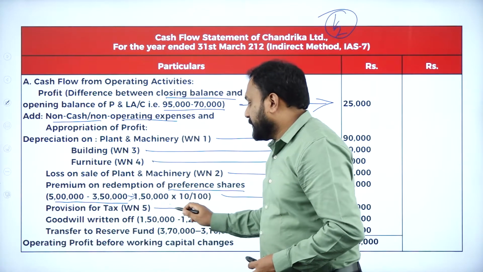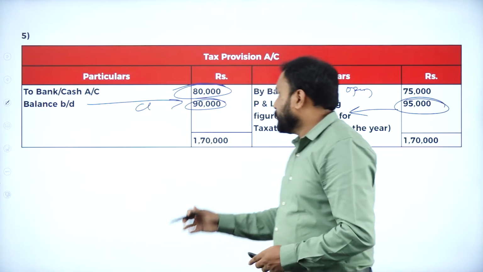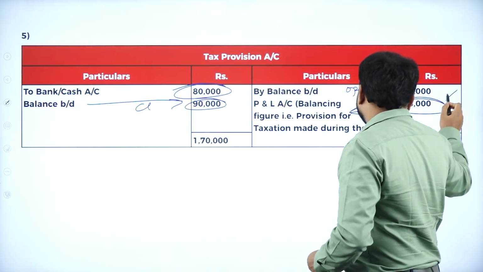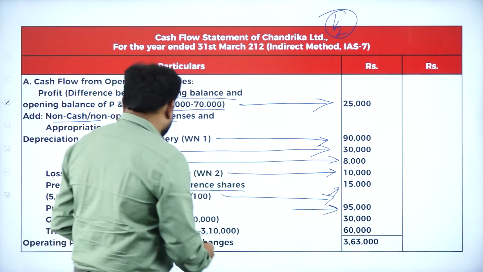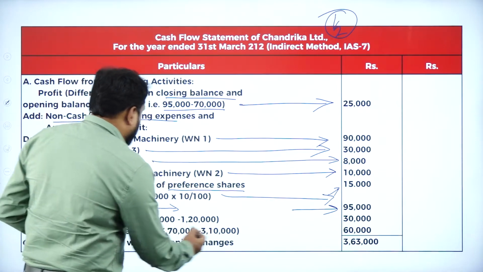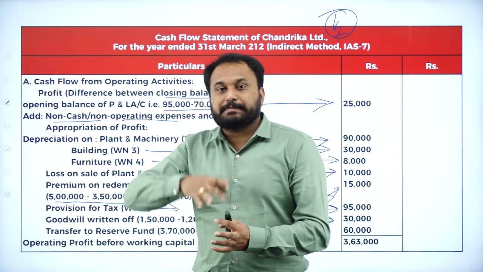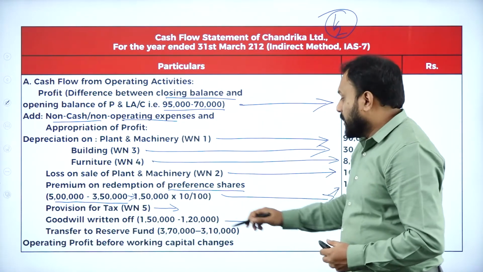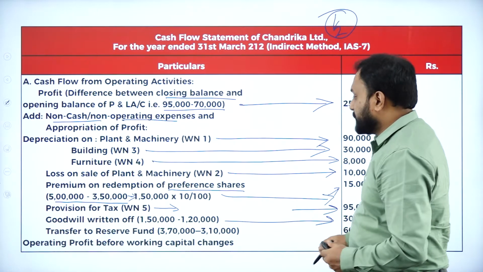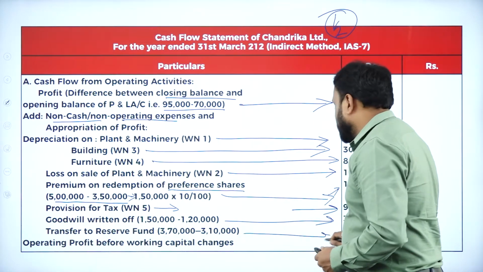Provision for taxes we have done in working note 5. Just now I showed it to you, that is 95,000, so we will write here 95,000. Goodwill written off: current year minus previous year, so 1,50,000 minus 1,20,000 is 30,000. And transfer to reserves and fund, the same way here also, that is 60,000.